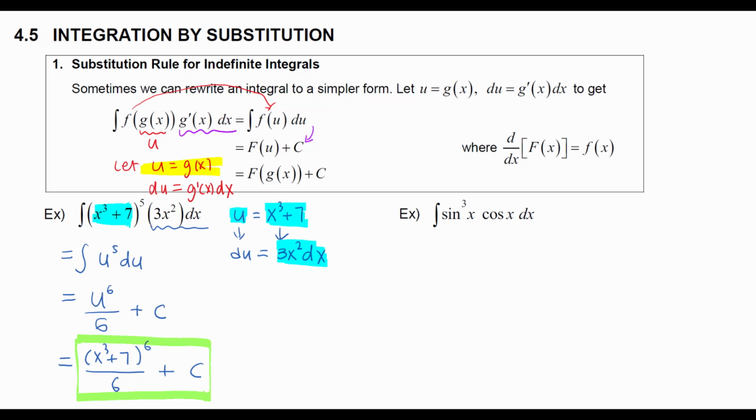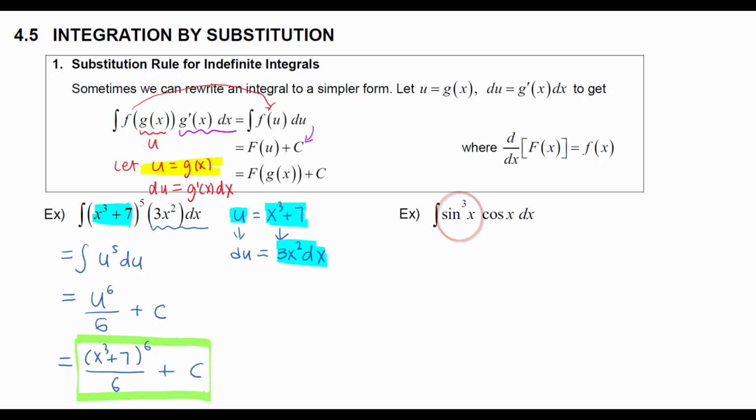Let's do another one. What is the integral of sine cubed of x times cosine x dx? Again, what are you looking for? You're looking for the composite function. And what is a composite function? It's a function raised to the 3rd power. That's your composite function. What would be the inner function of that? That's sine x.